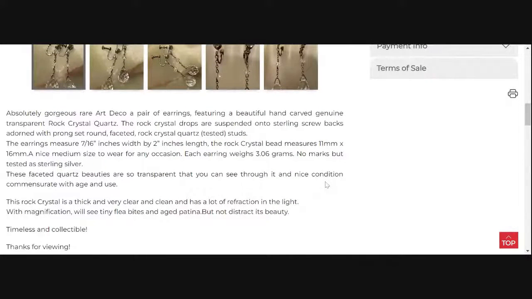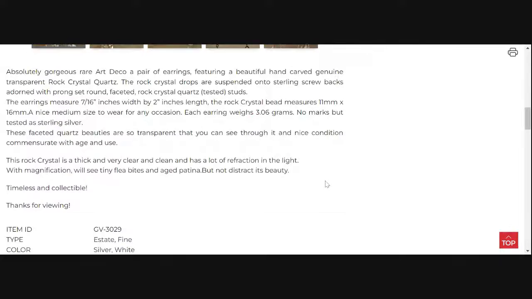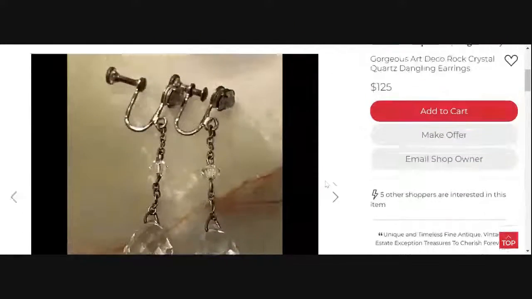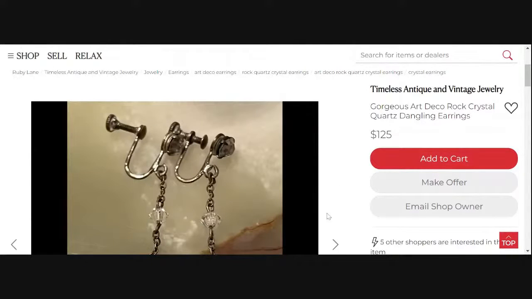They say they are hand-carved, genuine, transparent rock crystal quartz. Each earring weighs 3 grams, no marks, but tests as sterling silver. So there we have it. Beautiful. So if this is something that you're looking for, 125 is not a terrible price. You may be able to find something cheaper, but let's keep looking and see what we can find.